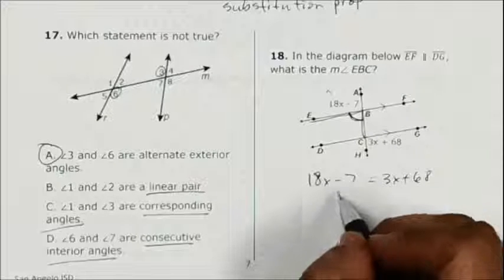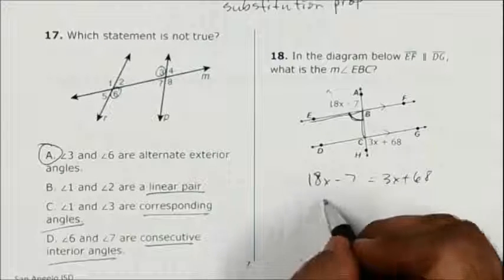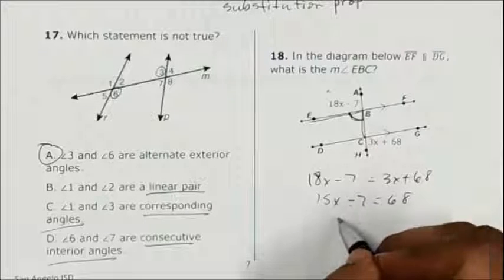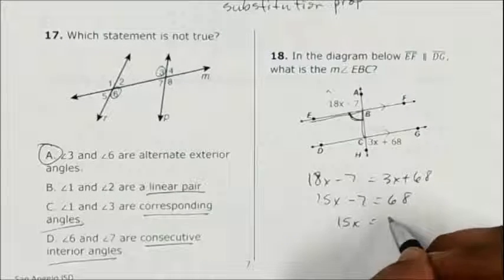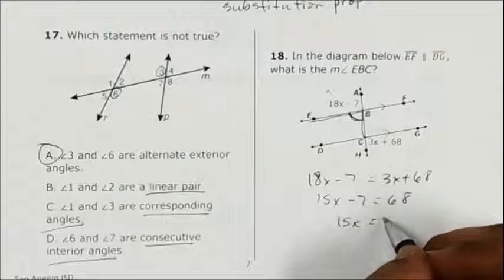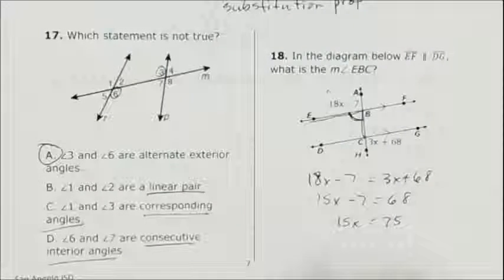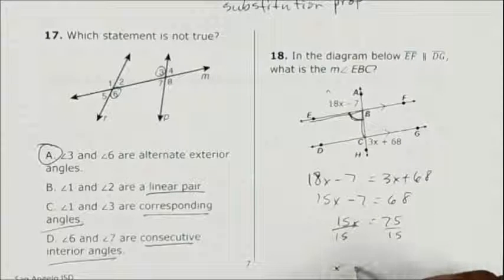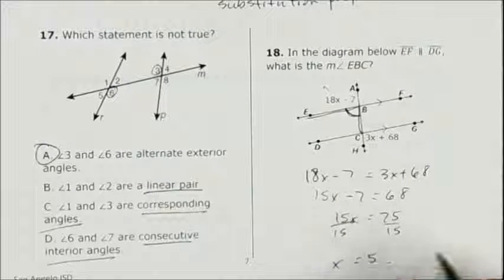Solving for x, I'm going to subtract 3x and I get 15x minus 7 is 68. If I add 7 to both sides, I get 15x is equal to 75. And if I divide by 15, I get that x is 5.